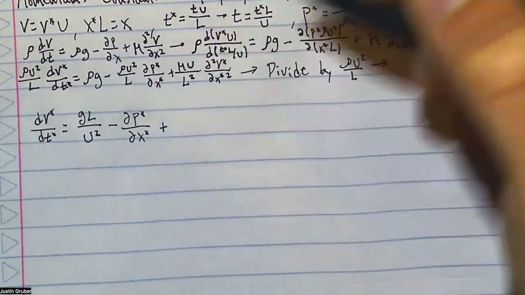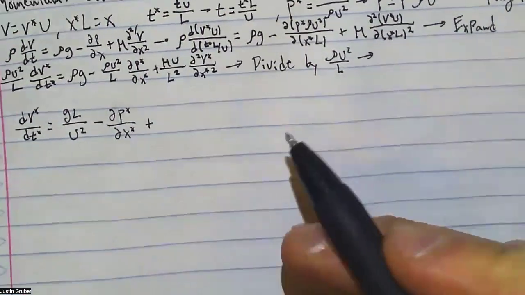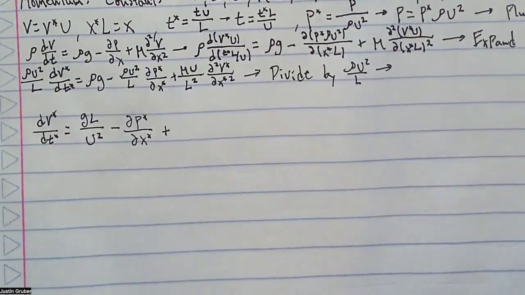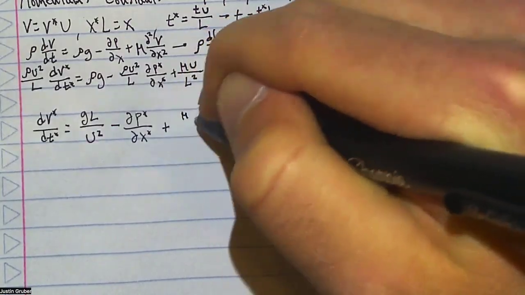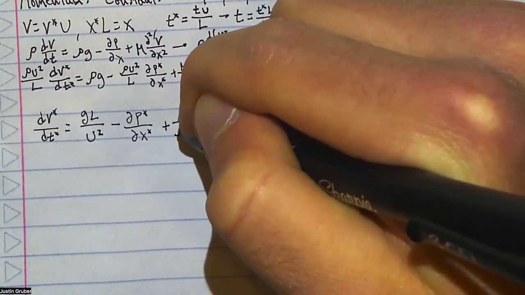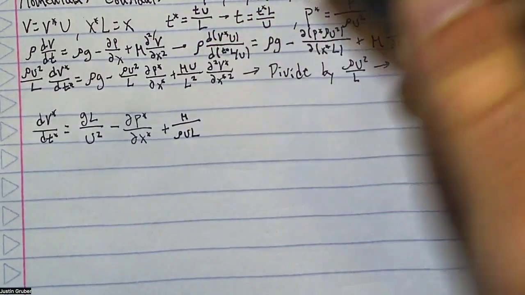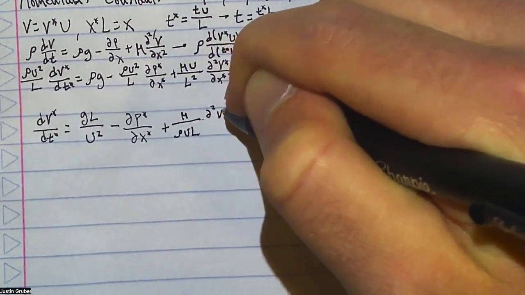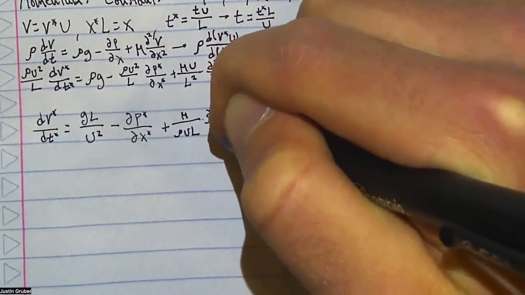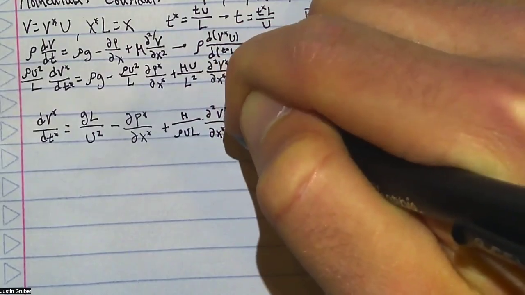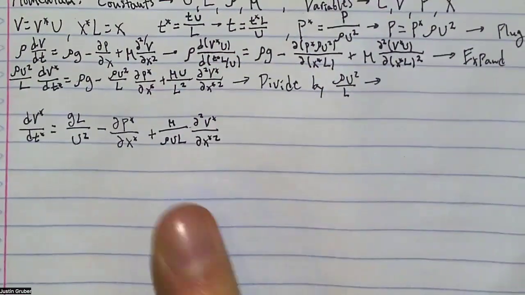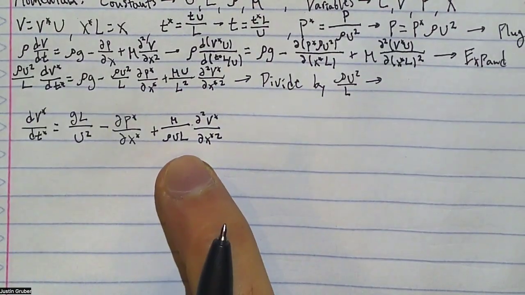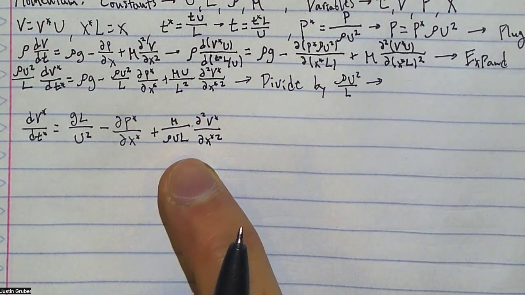And then plus, if you do all this stuff, right, factor all this stuff out, cancel what you can, you get stuck with a mu over rho UL times partial squared V over partial at star squared, which, you did something right because that mu over rho UL, that sure damn looks familiar, don't it? All right.